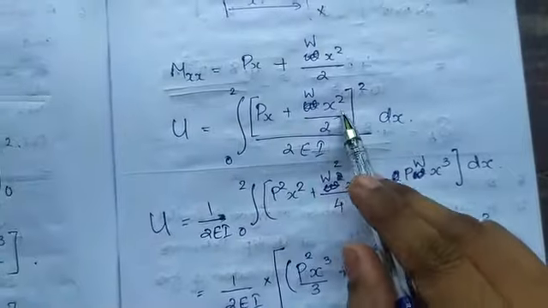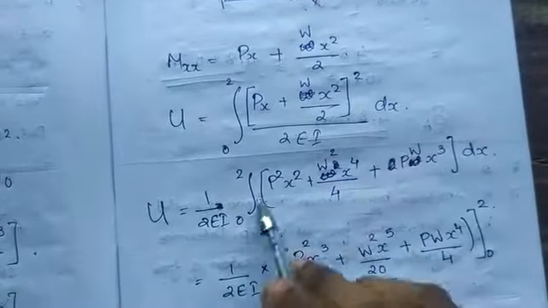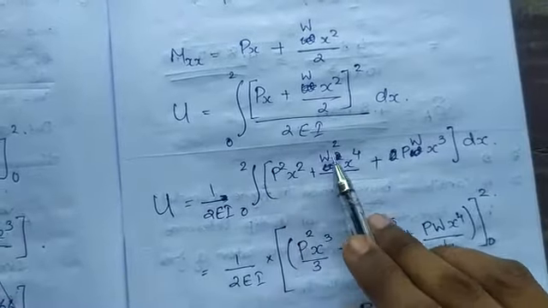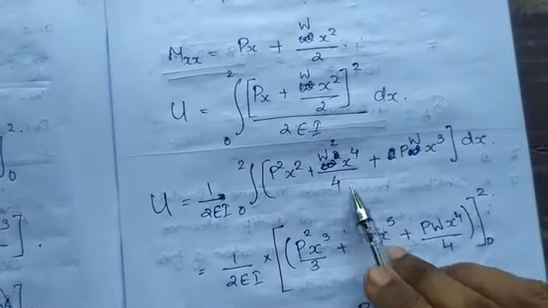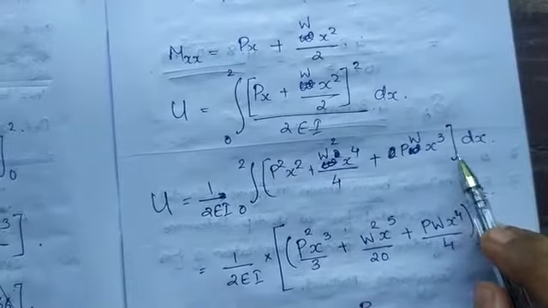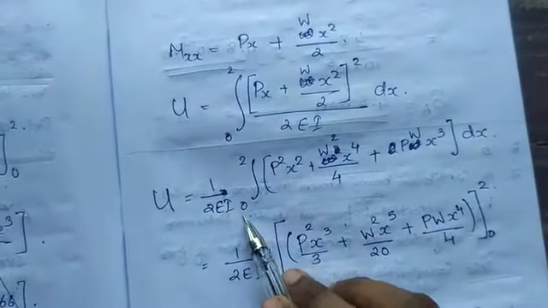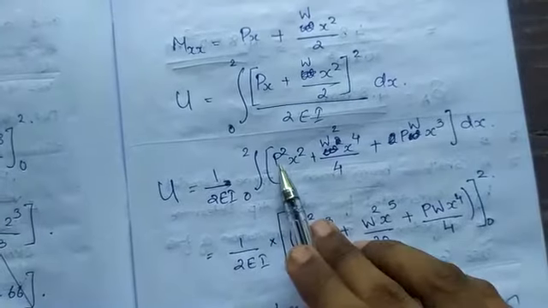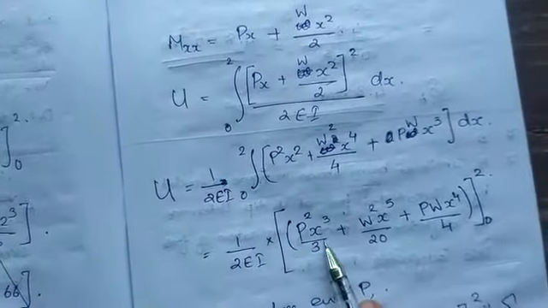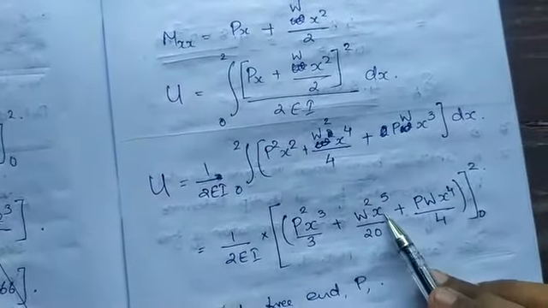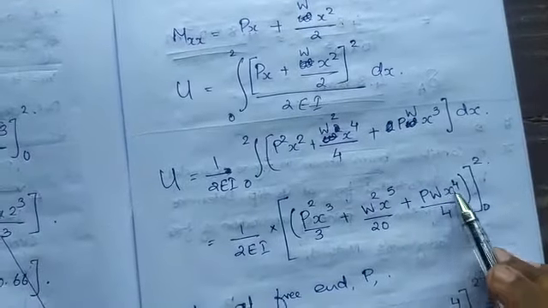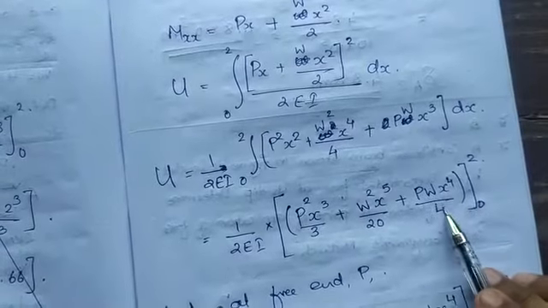Px plus Wx square by 2, the whole square dx. You will integrate it: 1 by 2EI, P square x square plus W square x raised to 4 by 4 plus PW x cube into dx, from 0 to 2. P square x square becomes x cube by 3, x raised to 4 becomes x raised to 5 by 20, x cube becomes x raised to 4 by 4.